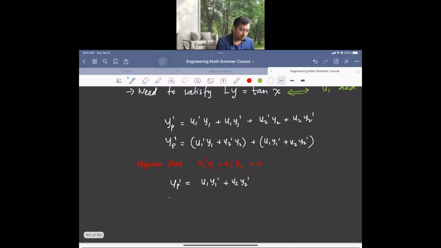And then we take the second derivative, again the product rule: u1 prime y1 prime plus u2 prime y2 prime plus u1 y1 double prime plus u2 y2 double prime.